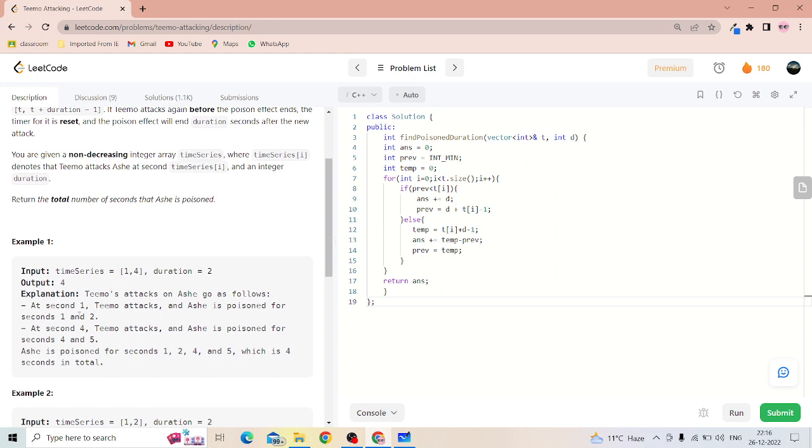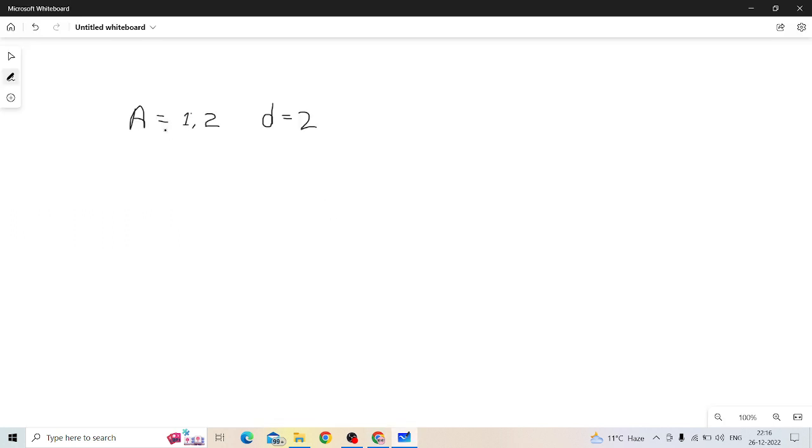Okay, so the array is 1, 4. Teemo will attack at the first second.